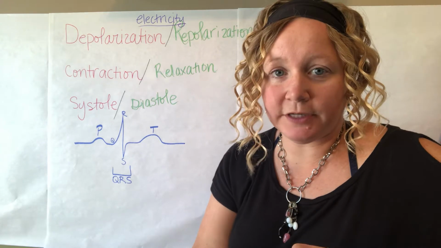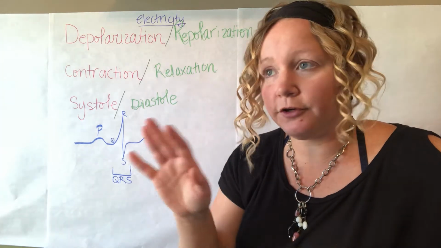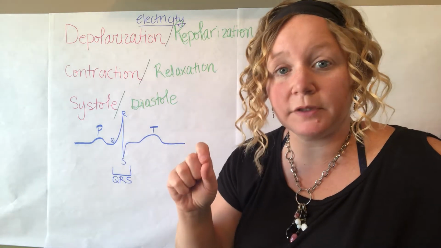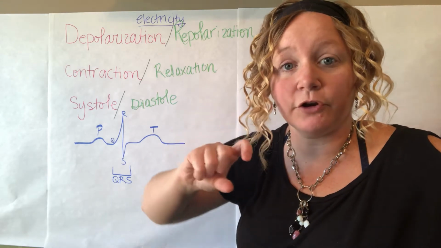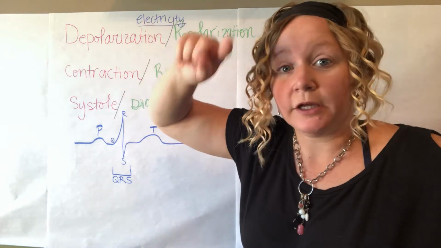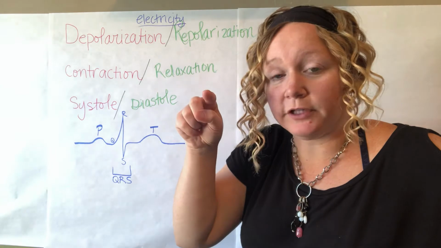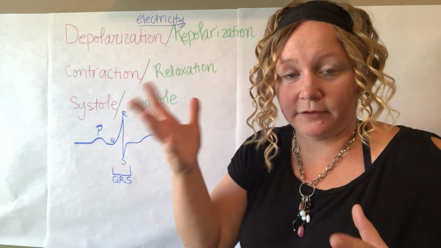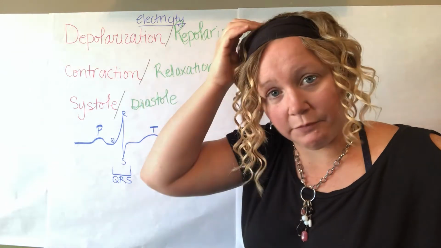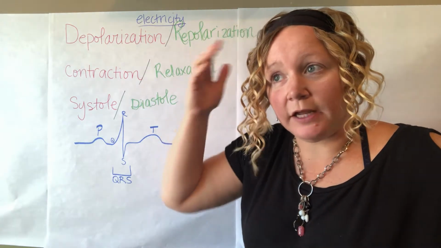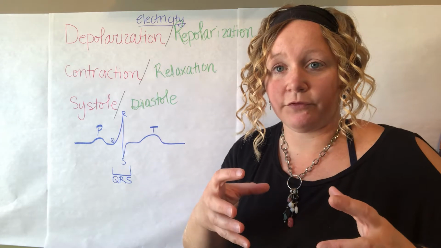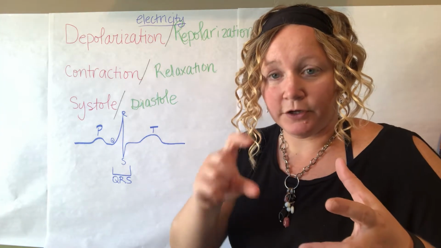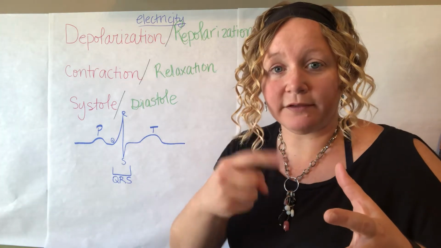So I like to use the analogy of, if you go over to your wall or wherever you're at and you flip the light switch on, that allows the electrical current to travel up to the light bulb, through those little filaments, then the electricity lights up the light bulb because those filaments have electricity running through them. So I use that analogy because if you have a heart muscle, you have to first depolarize that muscle.